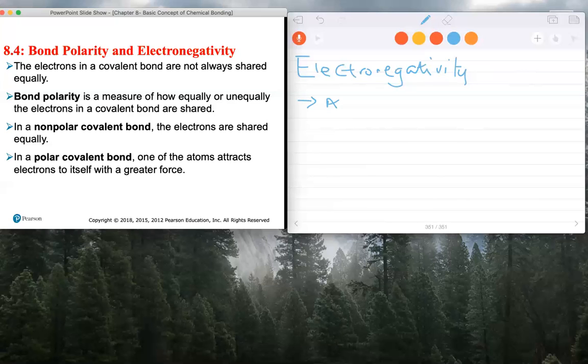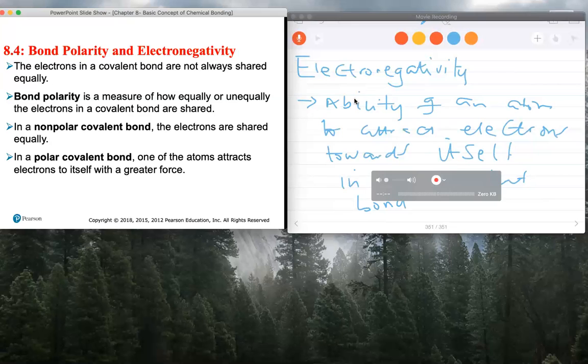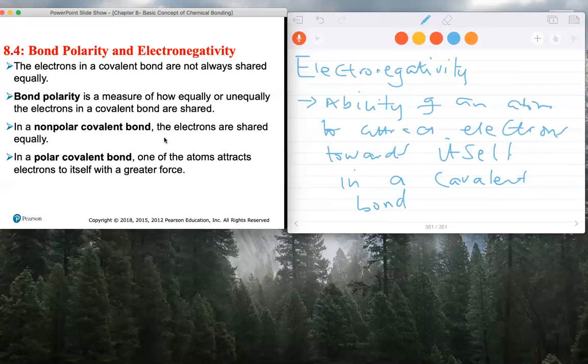This is the ability of an atom to attract electrons towards itself in a covalent, that means shared, bond. It is the ability of an atom to attract shared electrons toward itself in a covalent bond.